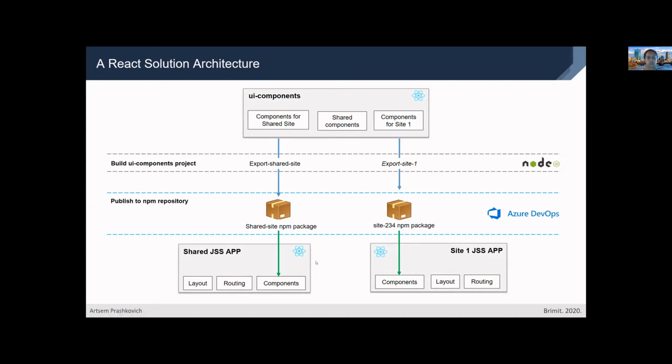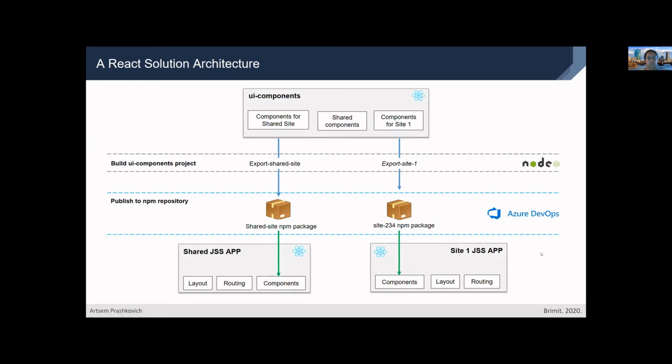It is very similar to the original GSS React app, but has only one difference. It doesn't have a component implementation. All components are included to the app as an npm dependency. So I call it shared because 3 of our sites use the same GSS app, and we have Site 1 GSS app, which is used just by Site 1.